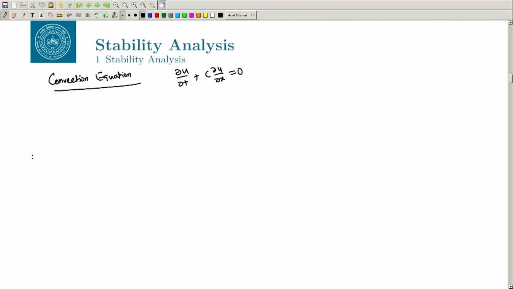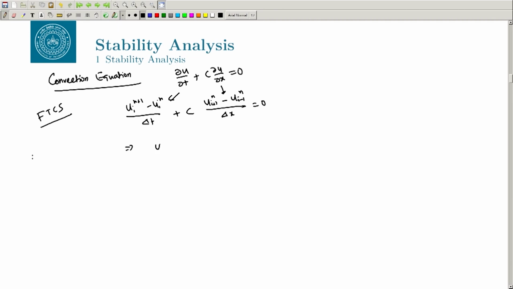Okay. So, we will start with FTCS, forward in time and center in space, right. So, this can be written as u i n plus 1 minus u i n by delta t, our temporal term, plus c times u i plus 1 n minus u i minus 1 n by 2 delta x equal to 0, that is the discretization of your second term, the convection term.